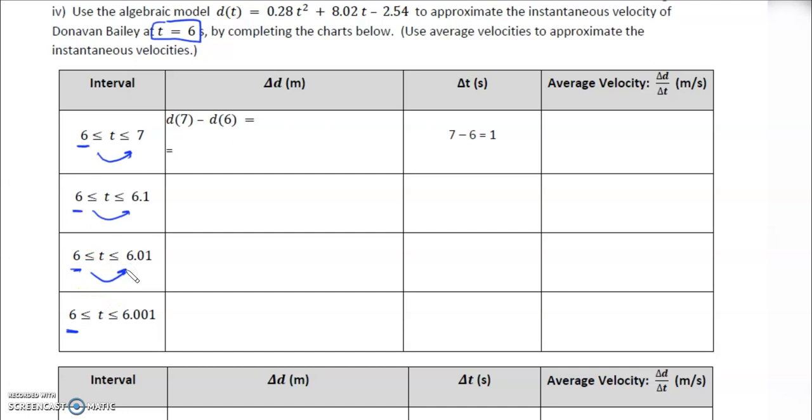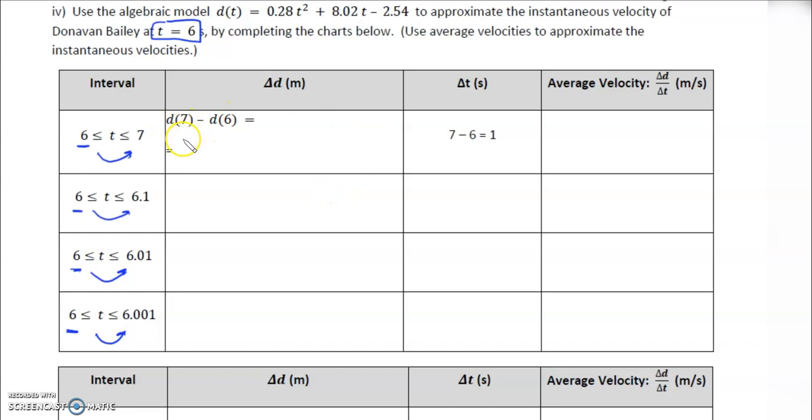Now let's bring that point closer to 6, 6.001. So we start with being 1 point away from 6, and then we're 0.001 away from 6. So take your calculator, and I'm going to do these quickly, but you can fill this out.